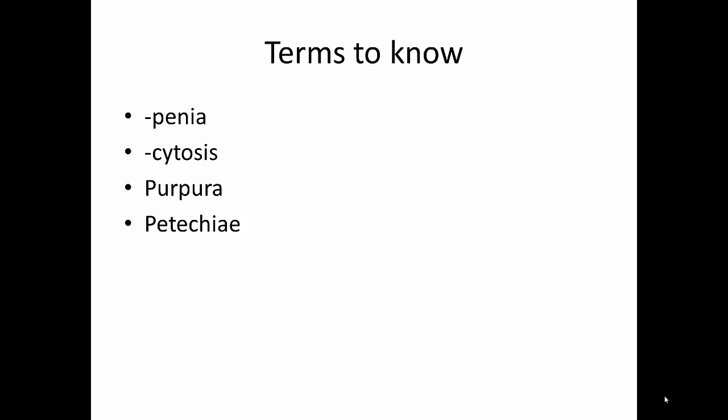And they're typically out of proportion to any type of trauma. And so, again, it's associated with platelets. And what is the role of platelets? To cause blood to clot. So, for some reason, we're not having blood clotting. And then petechiae are small pinpoint areas of hemorrhage. And they can look purple, they can look bright red.